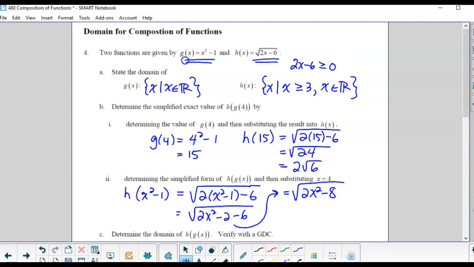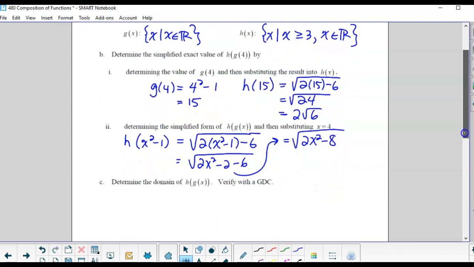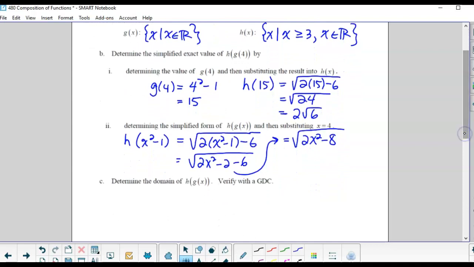So 2x squared minus 8. Then finding h of g of 4 means we would substitute the 4 in. So 2 times 4 squared minus 8. So 16 times 2 is 32, minus 8 is 24. So we get the same thing.